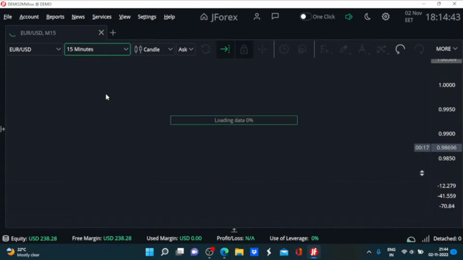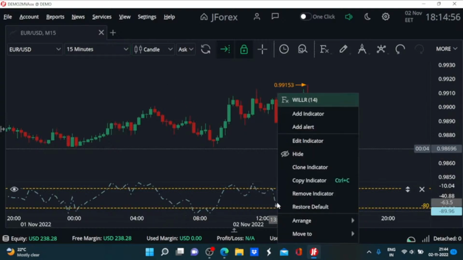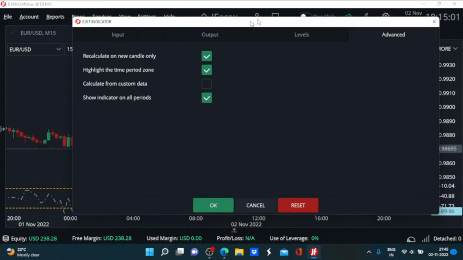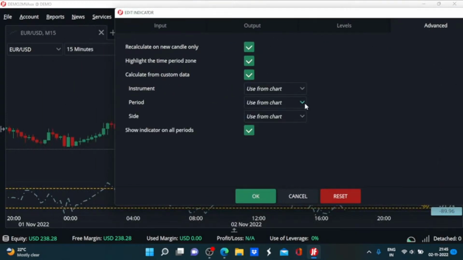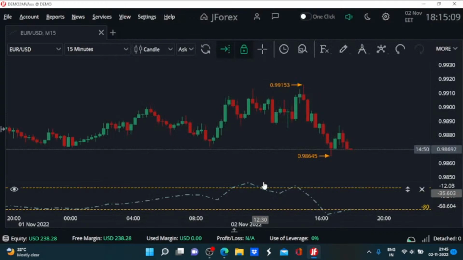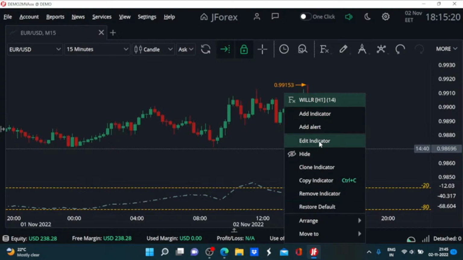And if I change it to say 15 minutes or any other candle period, then the plotting will be new as per the new calculation, with each candle being defined for 15 minutes and 14 candles of 15 minutes being used. But if you want this calculation to be independent of the chart's candle period, you can do that as well. All you have to do is specify on which candle time frame you want this calculation to be done. So regardless of what is the candle period on the chart, we will have this indicator's calculation as per your predefined candle period. So that is one important distinction here.